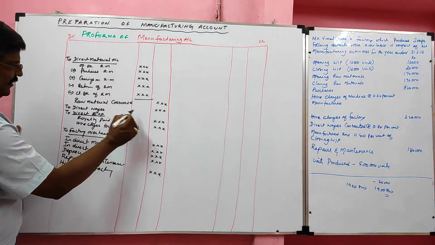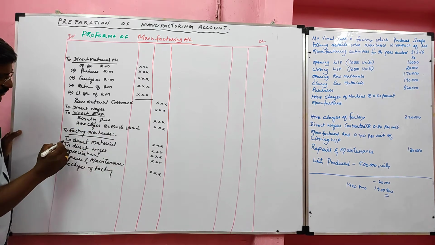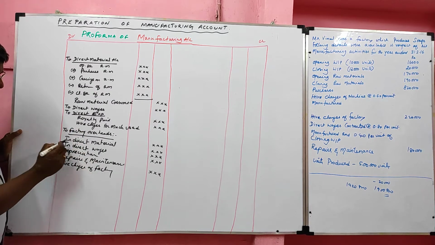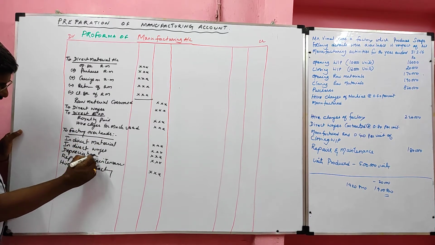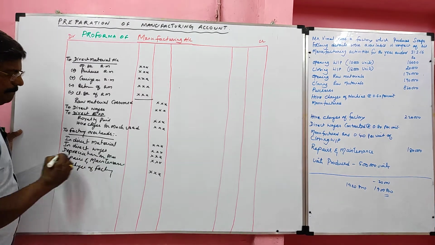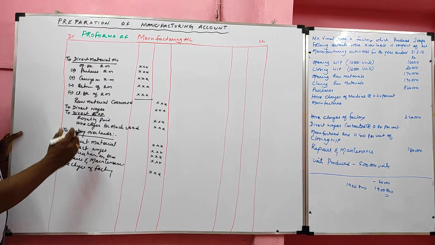Students, direct wages, direct expenses. In direct expenses, royalty paid, hire charges for machinery used. In factory overhead, or we can say factory expenses, indirect material, indirect wages, depreciation on plant and machinery, repair and maintenance, hire charges of factory.